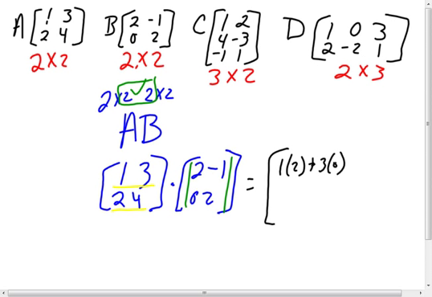So that answer is going to be 2 plus 0, so that answer is 2. We stay with the same row, but we go to the next column. Keep moving in your columns to the right on B. So we'll have 1 times 2 plus, oh, my mistake, not 1 times 2.